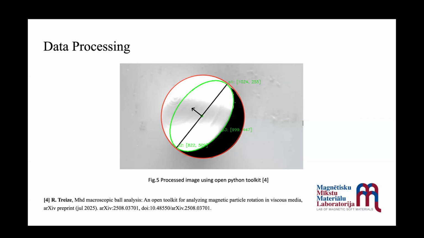By determining the minor and major axis of the ellipse, we can determine its three-dimensional moment, as well as looking at the center of the ball and the black region's center of mass, we can obtain the magnetical moment in the XY plane.